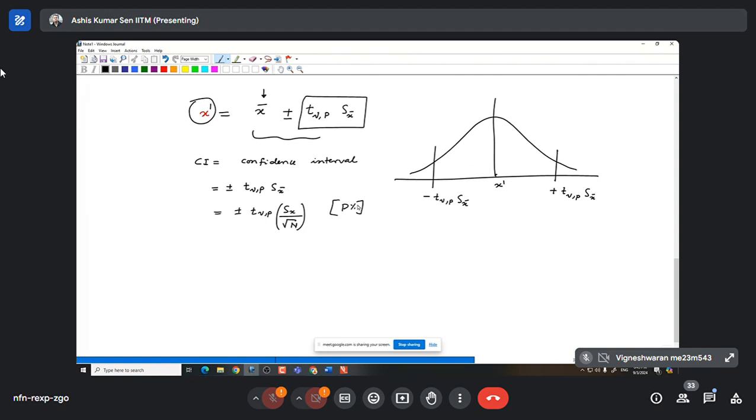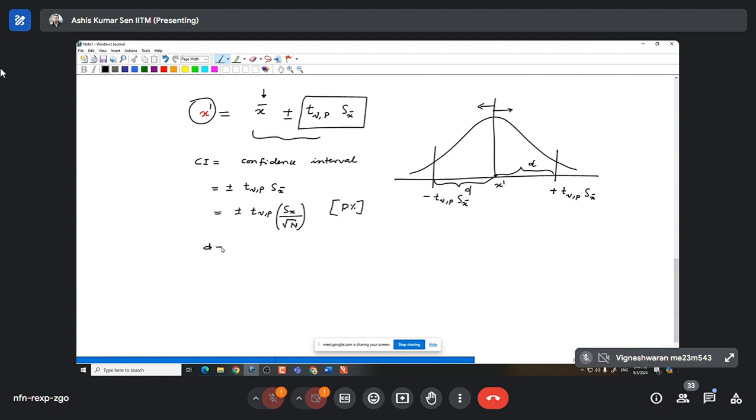Now this confidence interval is basically two-sided about the true mean value. You have a left side and also a right side. On one side, this value is known as D, and the other side is also D. D is basically your precision.